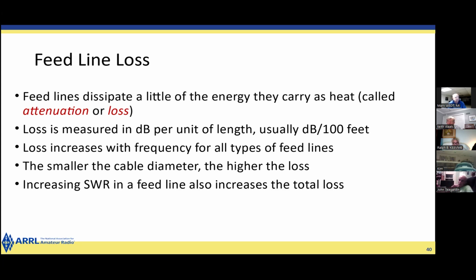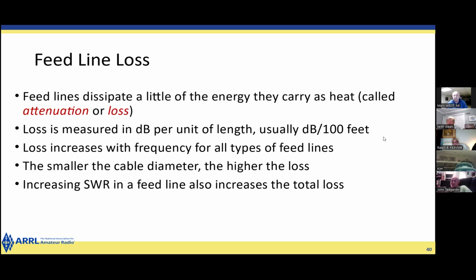So you've got two things working there. When you're putting up an antenna and you're looking for feed line, you've got to be careful. Look at the specs on your feed lines, and get the lowest loss feed line that you can get, that you can afford. It's well worth it.